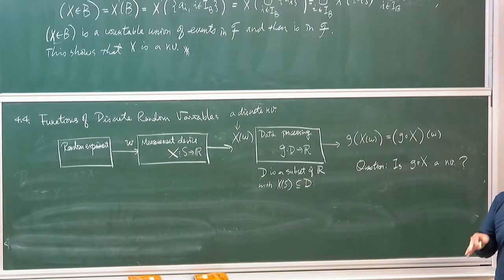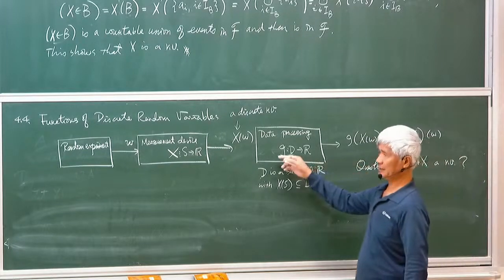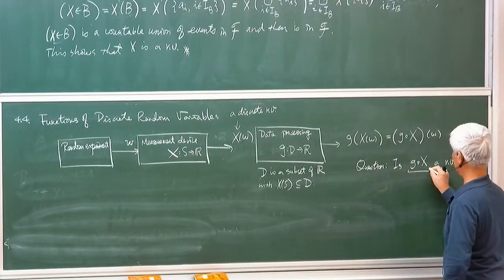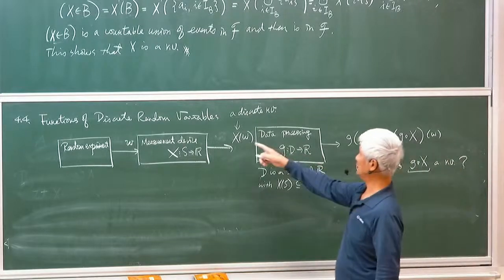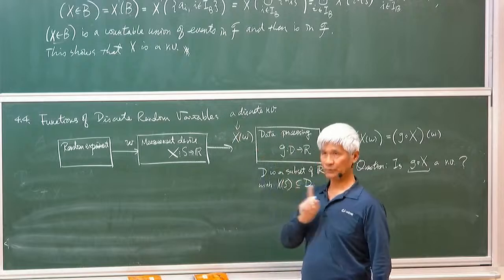This is the basic question. Is there any restriction on g for this composition to be a random variable, specifically when the original measurement data, capital X, is a discrete random variable?